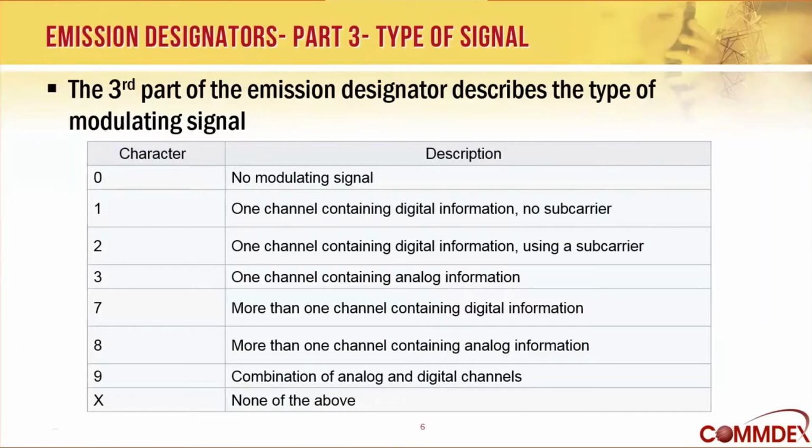So an FDMA signal will have a different third character than a TDMA. And you may have something that's a combination that has analog and digital channels. A television signal is a complex signal that contains both analog and digital components. So that might have a 9 in it.